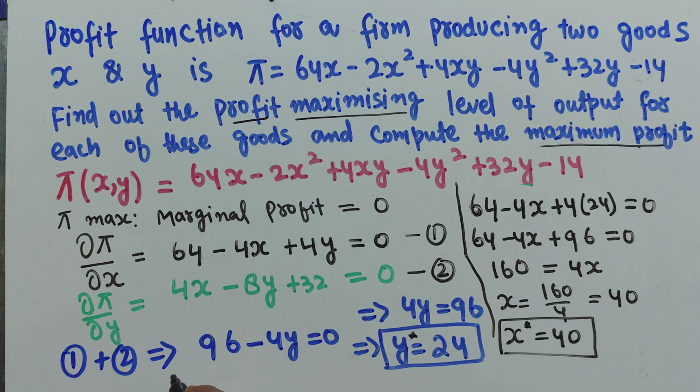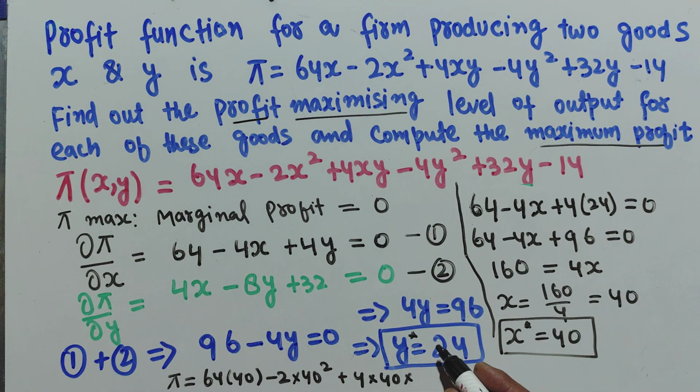So pi = 64 times 40 - 2 times 40² + 4 times 40 times 24 - 4 times 24² + 32 times 24 - 14.